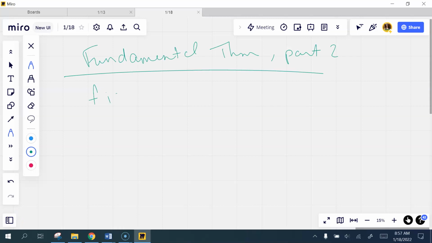F is continuous on [a, b]. We're just setting up the definition. It's okay. It's easy.